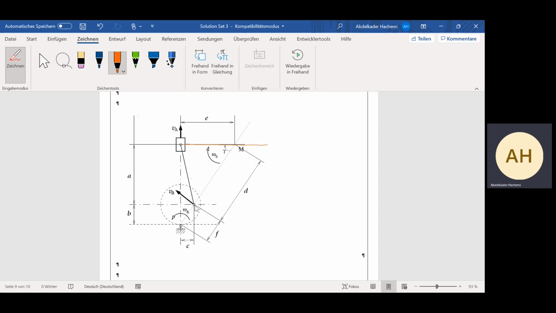Then we have the point B here, the connection between the rod and the gear.